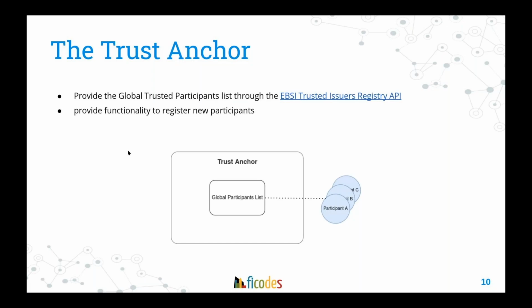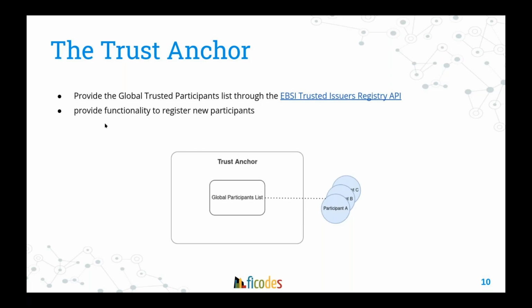A trust anchor is relatively easy in the way that we deployed it here in our FIWARE Data Space connector part, or in our demo data space, I would call it. It essentially only has to provide two functionalities. One is to provide the global trusted participants list through the EPSI Trusted Issuers Registry API, which is something you might recall from the IAM session, where every participant can check if another participant is also part of the data space.